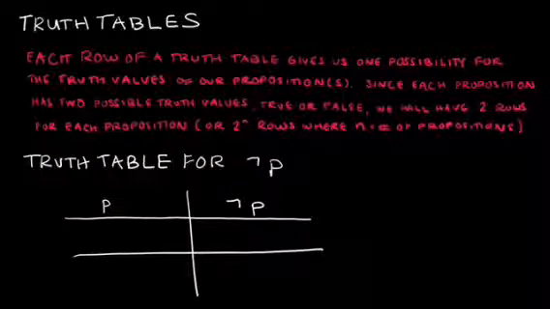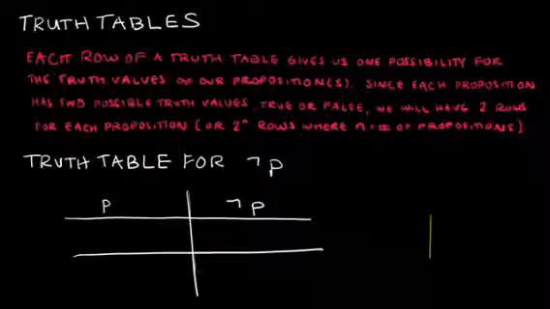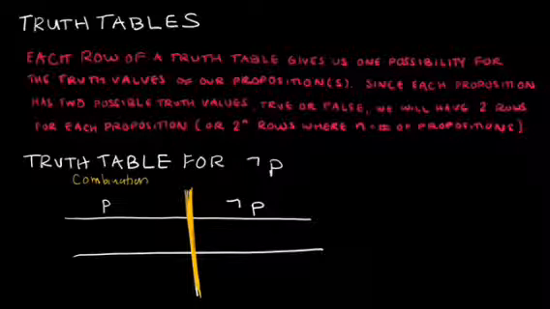So let's talk now about truth tables and how a truth table works. So if we have a truth table, essentially what we have is a row for each possibility of the truth values of our propositions. So I want you to think of this as having two parts. So this is a very, very basic truth table that we're going to do. But the left side of our truth table has all of the combinations of the truth values for our propositions.